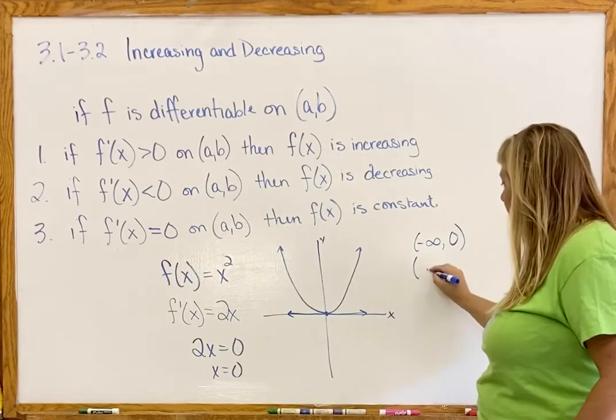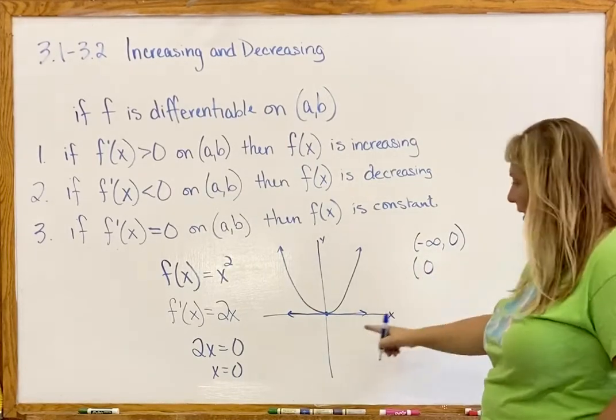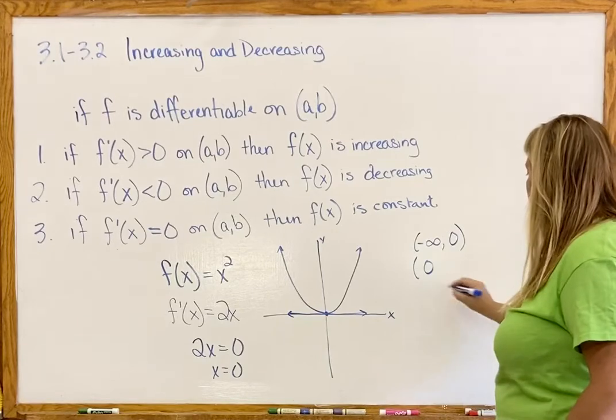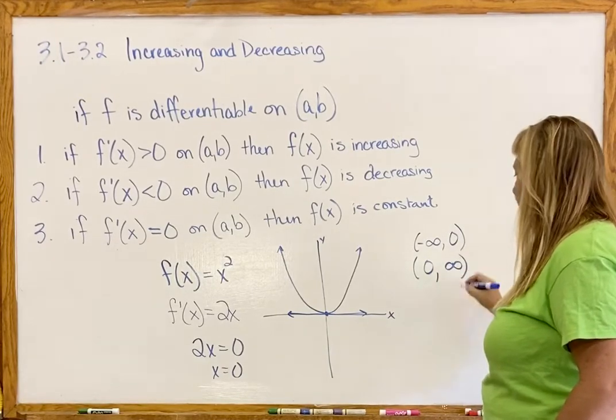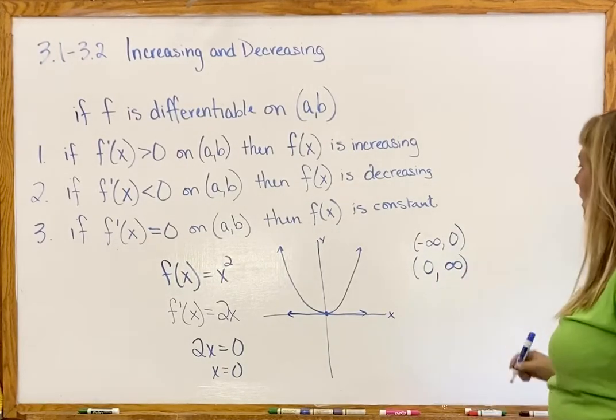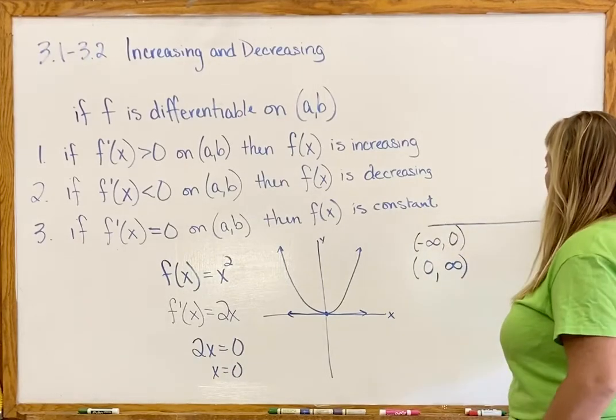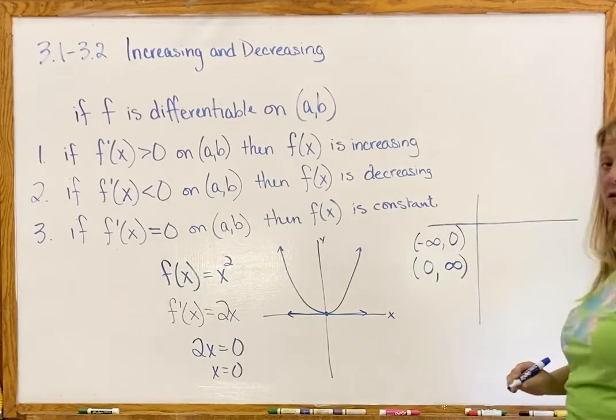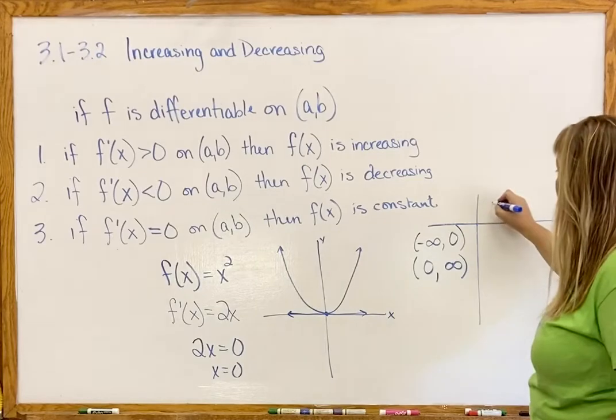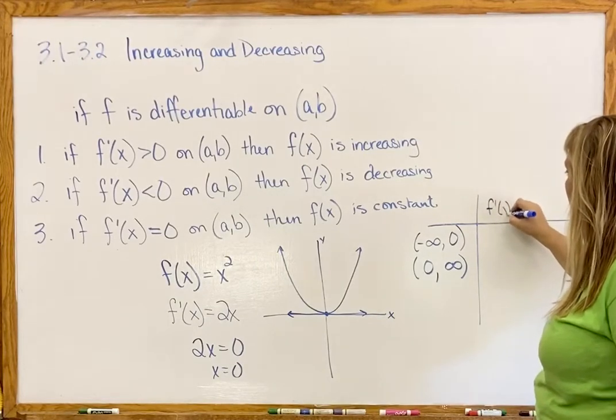The next interval starts at 0, open bracket, and continues on towards positive infinity. Now we're going to decide whether the derivative is positive or negative. So f prime of x.